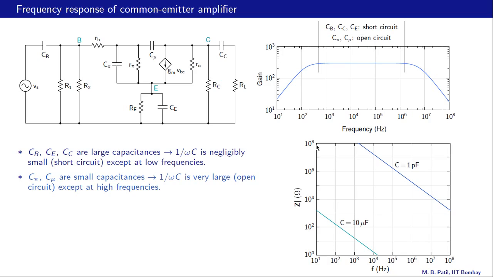This is 100 mega ohms, this is 1 mega ohms. So the impedance presented by a capacitance of 1 picofarad is small enough only in this range here, and otherwise it is very high, certainly much higher than the other resistances in the circuit like R1, R2, RE, RC, RL.